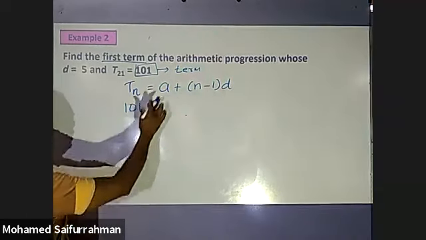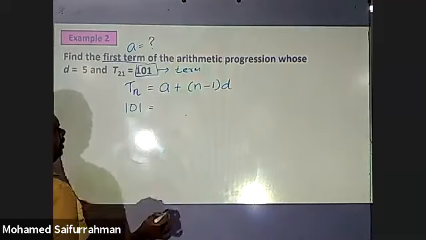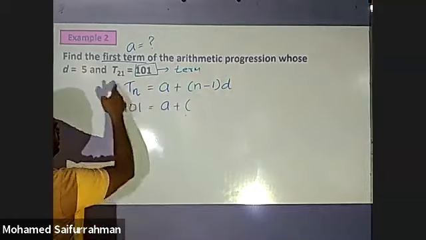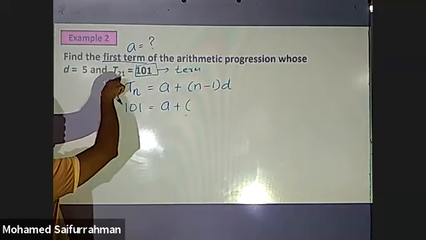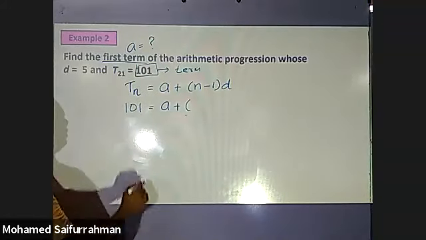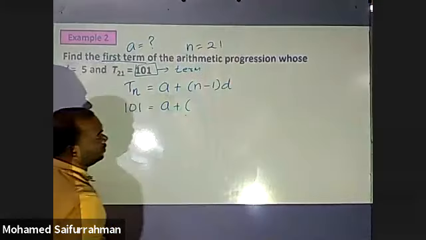101, and A is unknown. What is A? A is unknown. N is here: T21 means n equals 21.